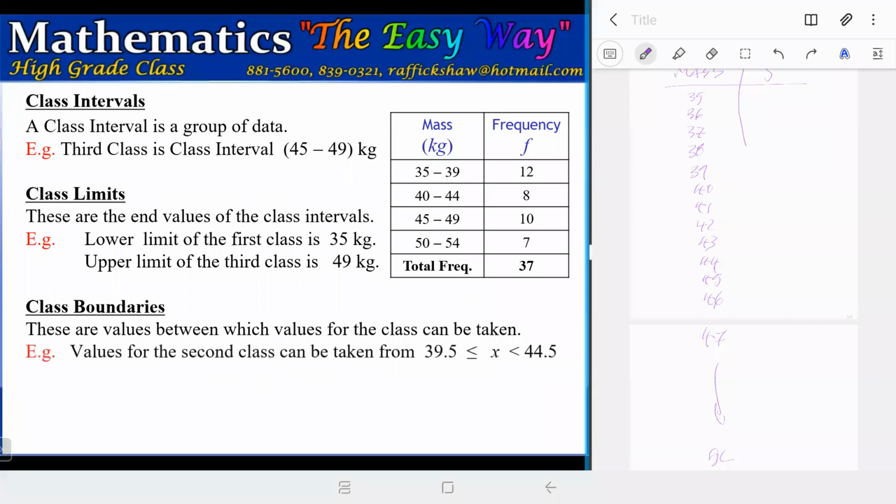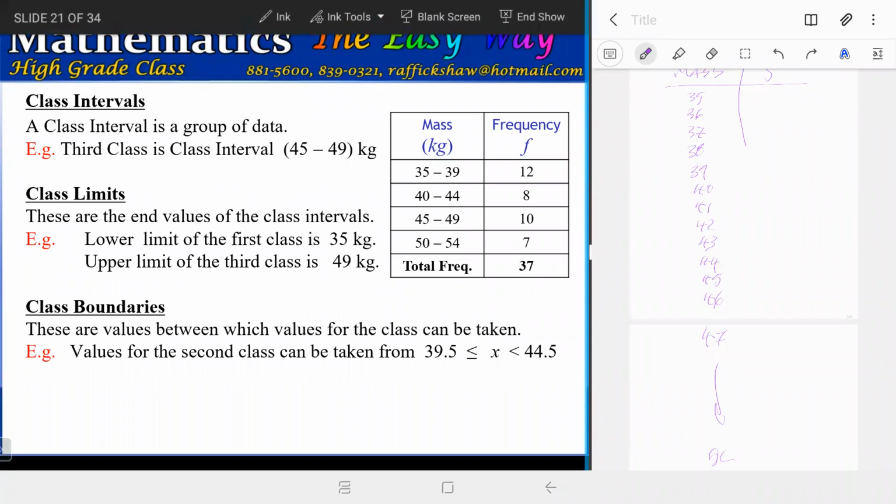So the values for the second class can be taken here. See here? For the second class, values can be taken from here to here. This is the second class. So I can take a lower boundary of 39.5 and up to 44.5.